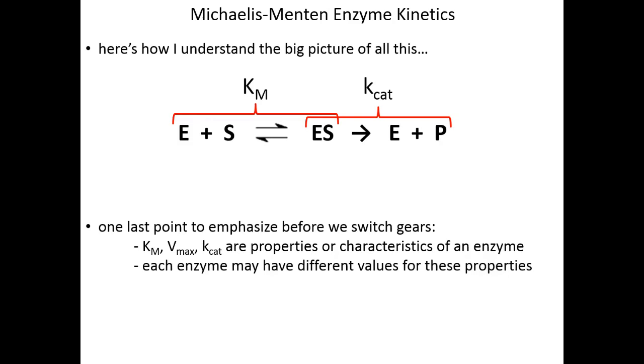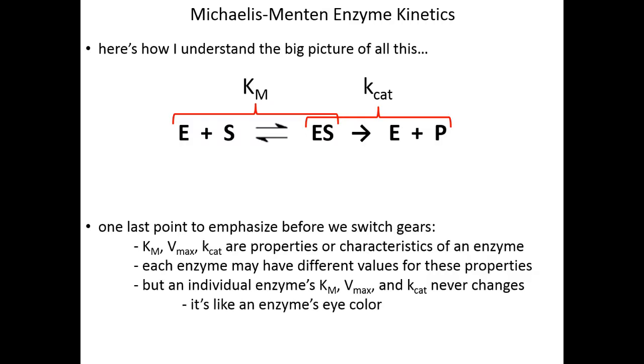Each enzyme can have different values for these properties, but those properties never change for each specific or individual enzyme. I think of these as the enzyme's eye color, hair color, and height. Those properties don't change. They're unique to that enzyme, but they are constant and trustworthy, and they are unchanging for that enzyme.